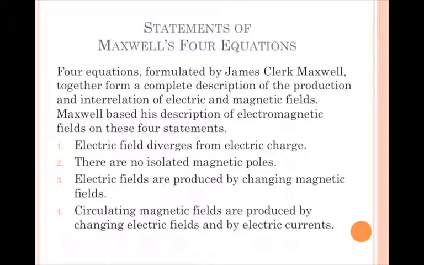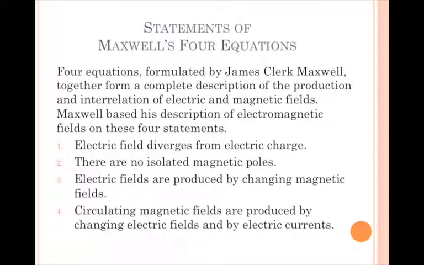So the field diverges from an electric charge. Second, there are no isolated magnetic poles, like we mentioned before. Third, electric fields are produced by changing magnetic fields. So again, this reduces his equation down to the very idea that the fields are produced by changing magnetic fields.